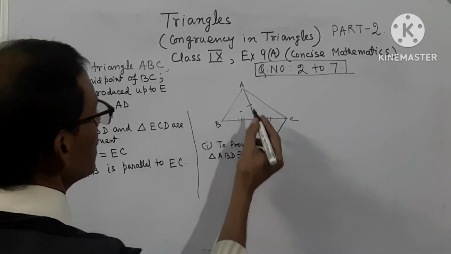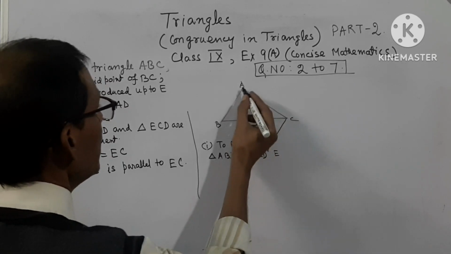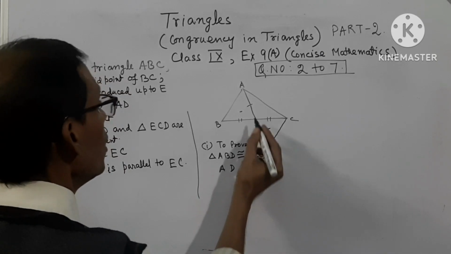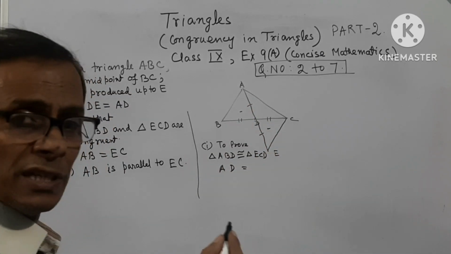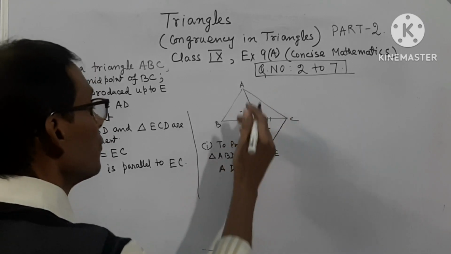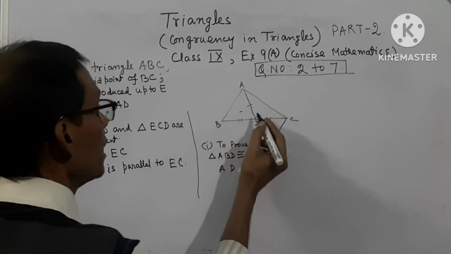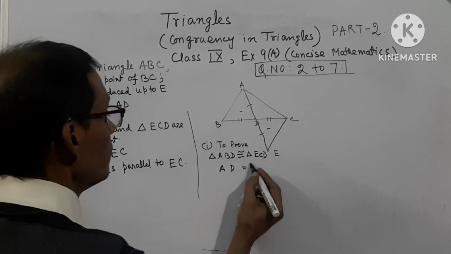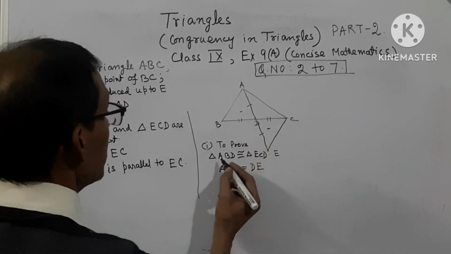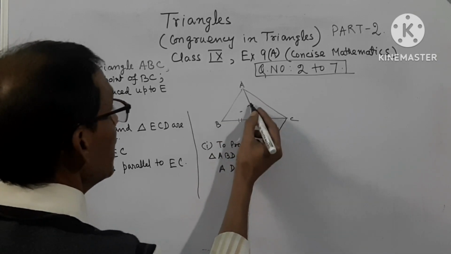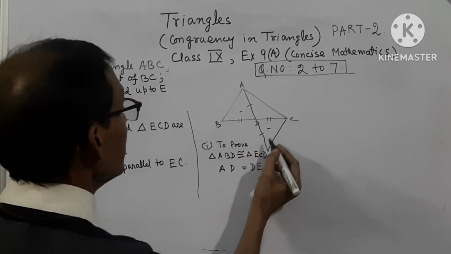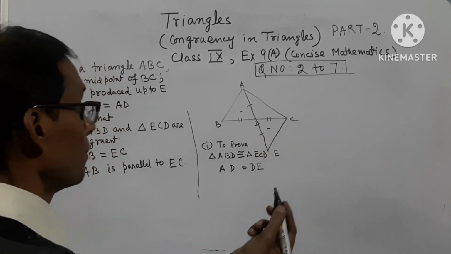See, something is very clear. In ABD, AD is there. So AD is equal to, this symbol is very essential. See, one stroke. That means in the figure you can identify, okay, AD equal to DE. Because in ABD, AD is one side of the triangle, and in ECD, DE is another side of the triangle.